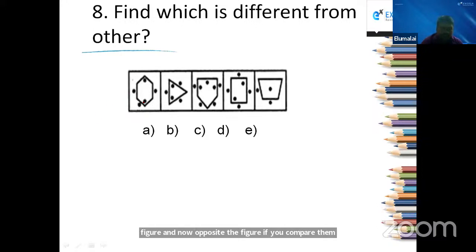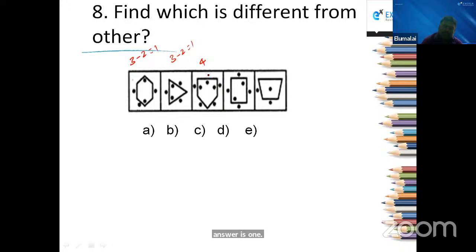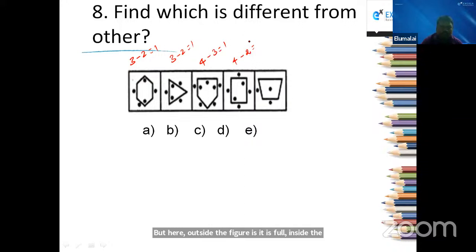See, here outside the figure is 3, inside the figure is 2, so the difference is 1. Here outside the figure is 3, inside the figure is 2, so the answer is 1. Here outside the figure the number of dots is 4, inside the figure it is 3, the difference is 1. But here outside the figure it is 4, inside the figure it is 2, now it is 2, isn't it?